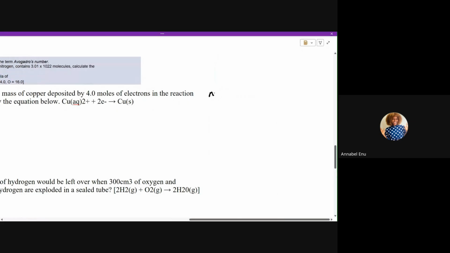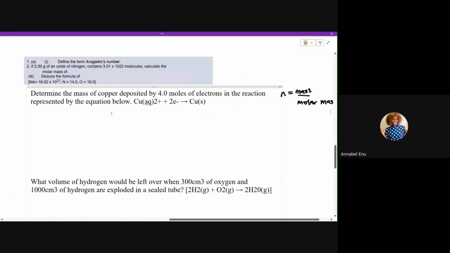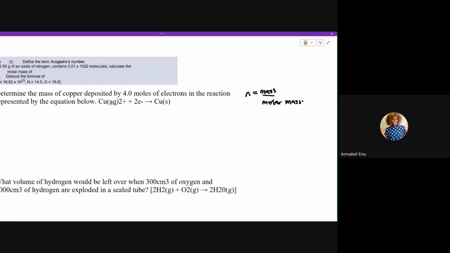Number of moles can be related to the coefficient of a balanced equation, and number of moles is equal to the mass of a substance divided by the molar mass. So now we are looking for the mass of copper and we are given the number of moles to be equal to 4.